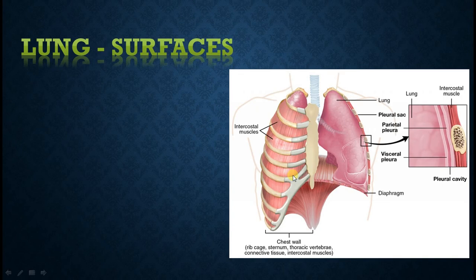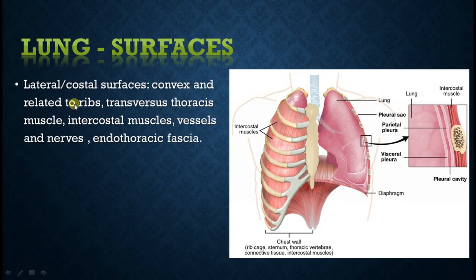So we have seen about the apex of the lung, we have seen about the base of the lung. Now we will see the various surfaces of the lung. The lateral surface is also called the costal surface. It is convex and it is related to the intercostal muscles or intercostal space, ribs, costal cartilage, and the intercostal muscles in between them.